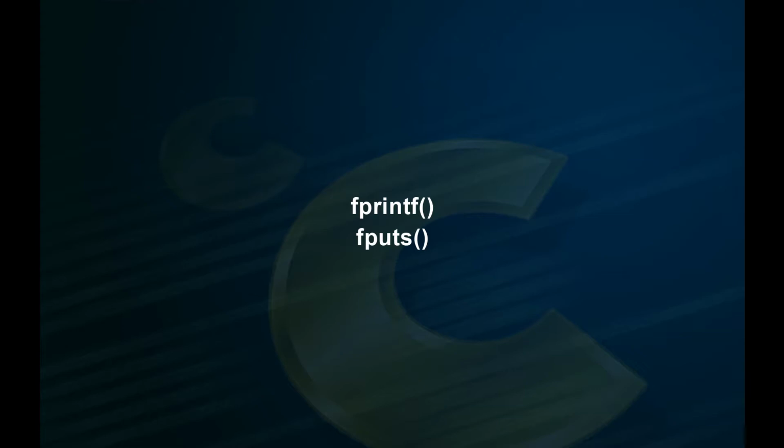The major aim of this small program is to write textual data into the file. For this, we have different methods, but now we will use two different functions, fprintf and fputs.